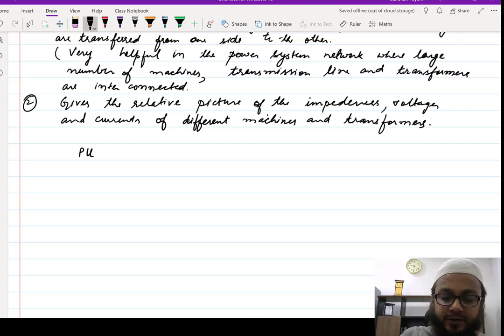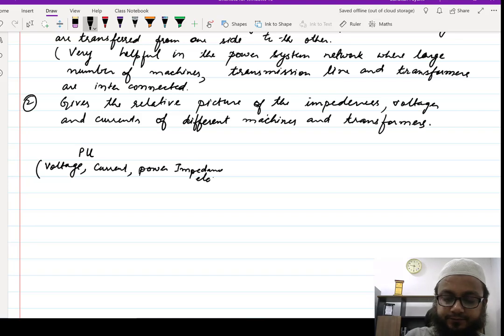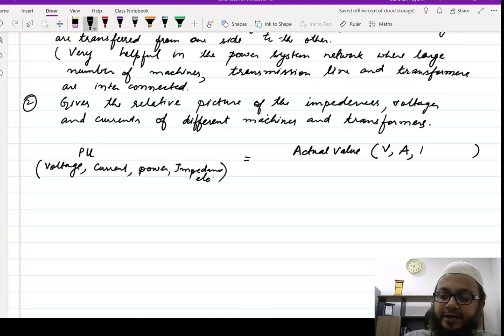Okay, so what is this per unit system? We define a per unit for voltage, current, power, impedance, etc. So per unit of voltage, per unit current, per unit power is defined as the actual value, and this can be anything: voltage, current, power, let's say in VA or watt, or the impedance in ohms.